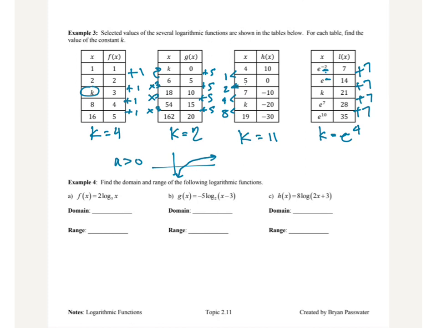The domain is going to go from 0 to infinity. Agreed. Is it ever going to touch 0? No. So on that side, we're going to have round parentheses. And the range? Negative infinity to positive infinity.